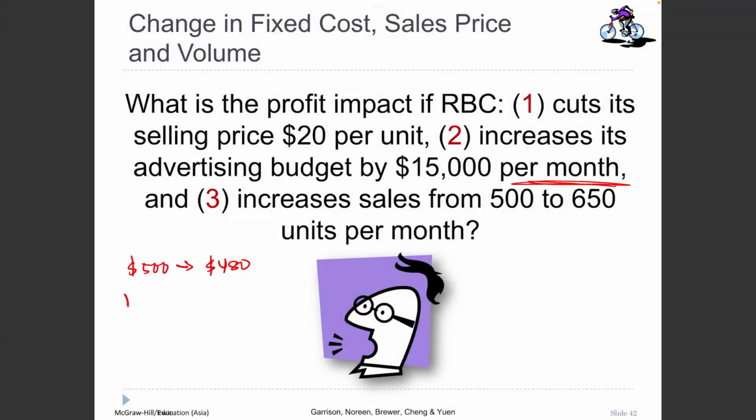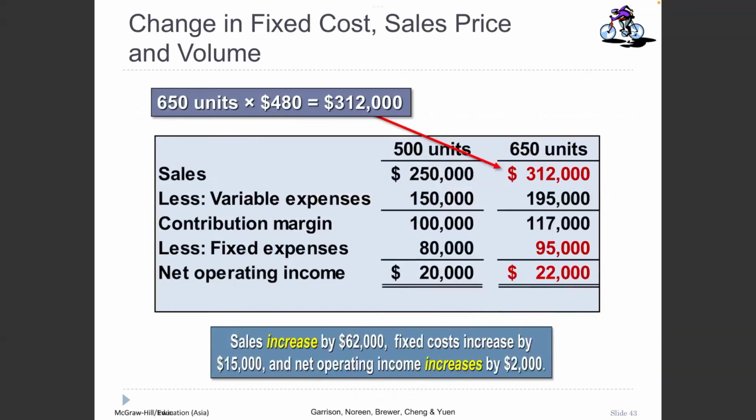Therefore, your fixed expenses increase, which is from 80,000 to $95,000. And then increased sales, so the sales will be from 500 to 650 units. Okay, so this is the scenario. So let's have a look.